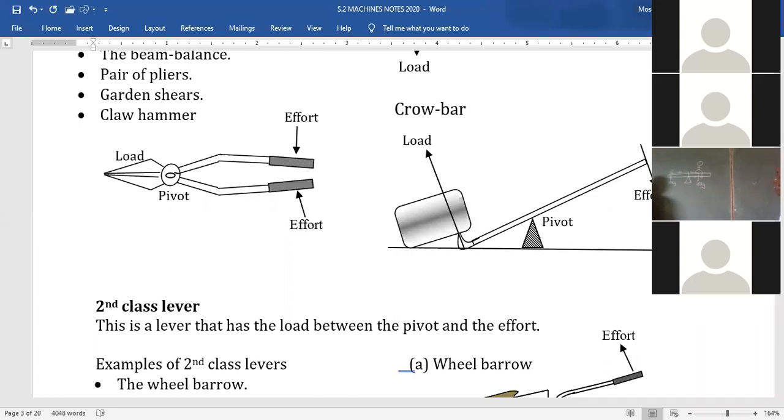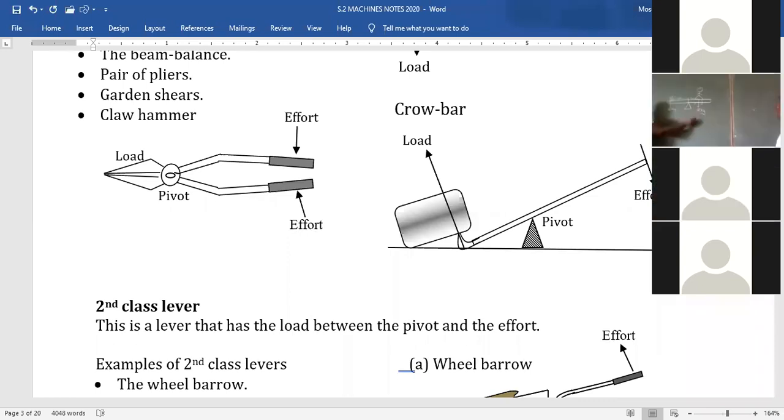So we want this to balance each other. So what do we do? The moments are the same. What type of moment is this? What direction?